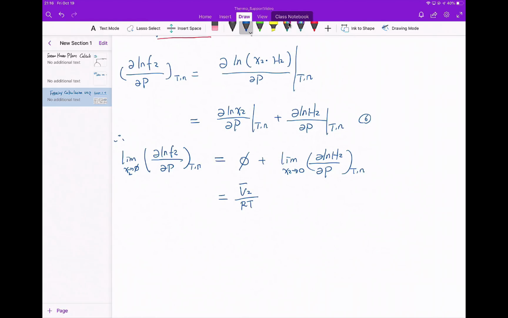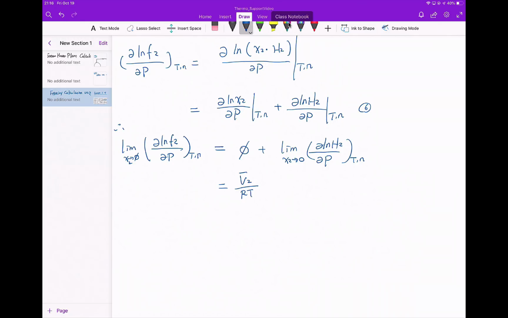Okay, so what is that equation? This is partial log H2 over dP, of course at fixed temperature.